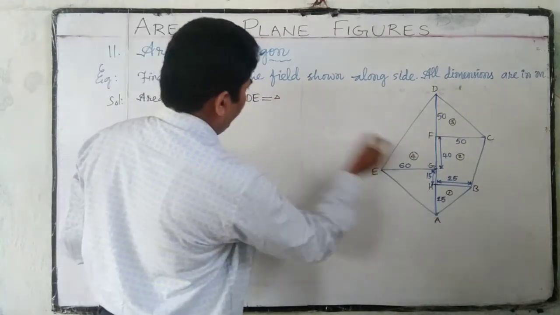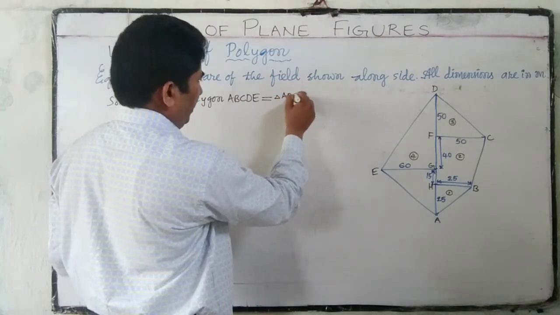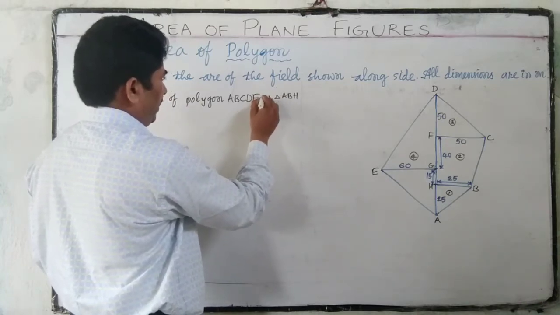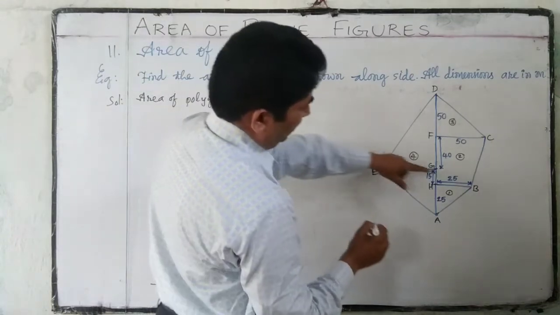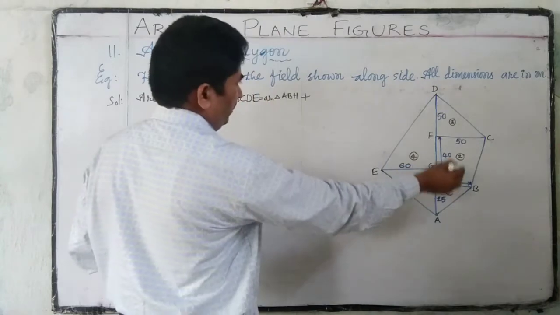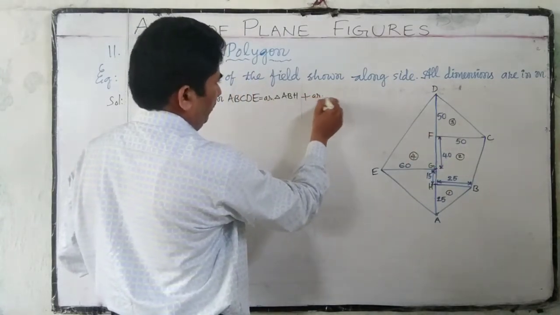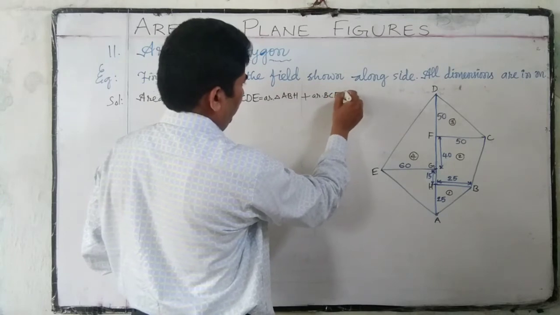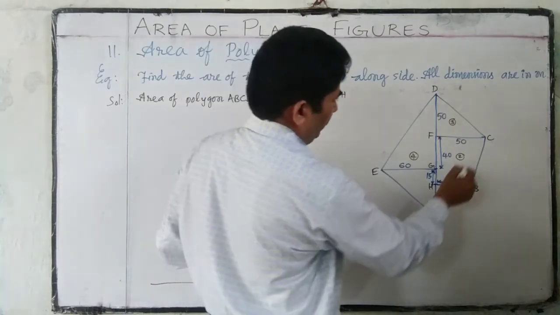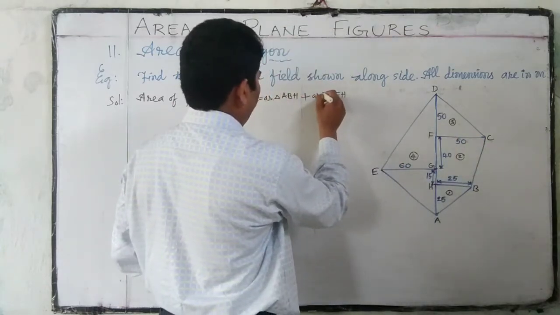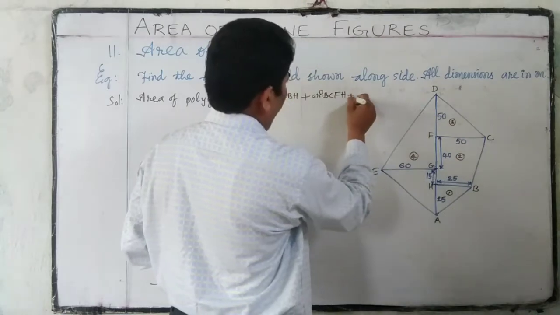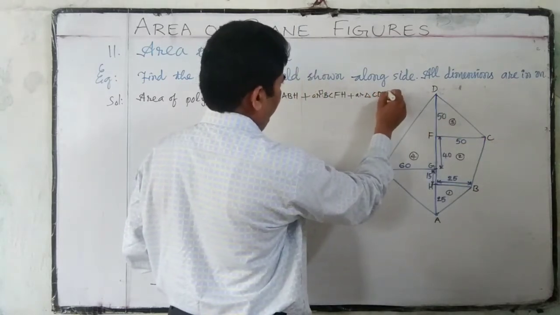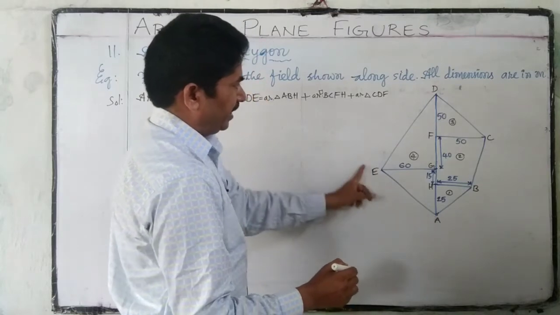Area of triangle ABH plus area of trapezium BCFH, and this is trapezium, plus the area of triangle CDF plus area of triangle ADE.